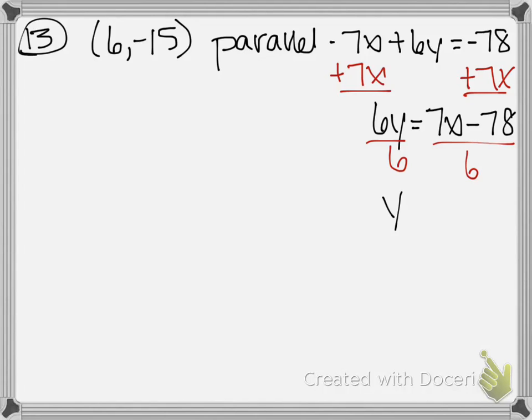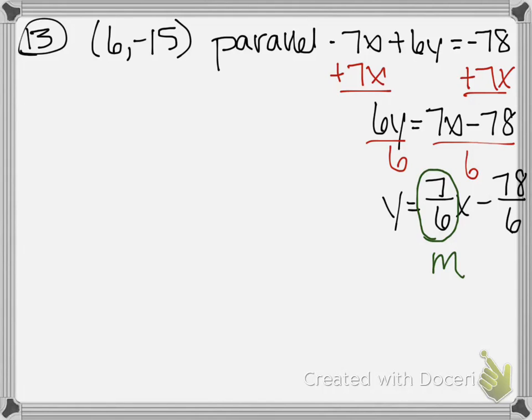So I have y equals 7/6 x minus 78 over 6. And I'm not going to worry, I know that'll reduce, but it doesn't matter to me because I don't need it. All I need from this equation is the slope. That's all I need.